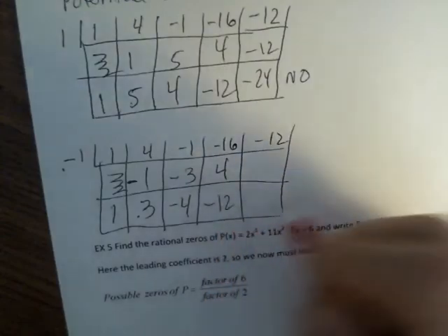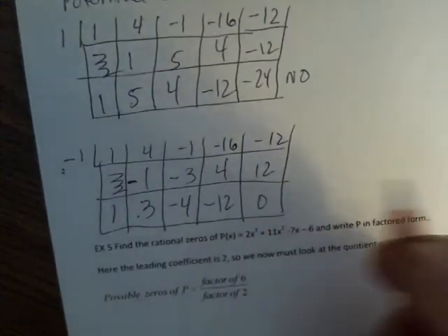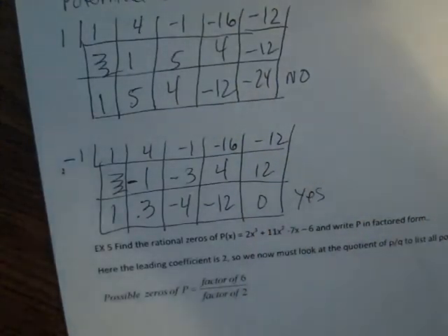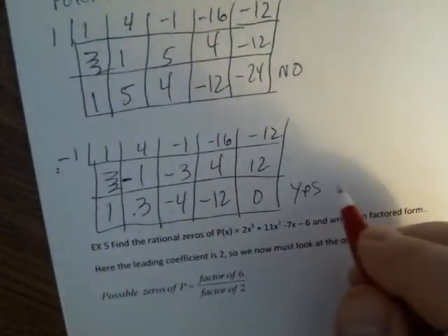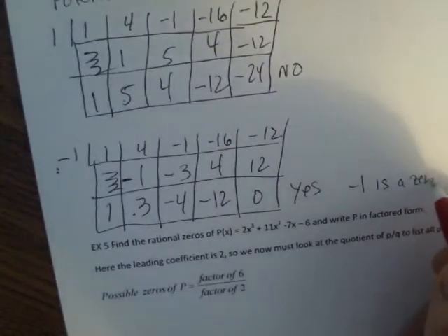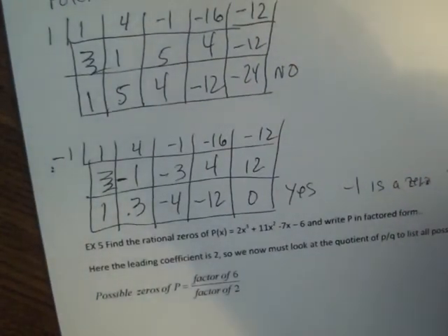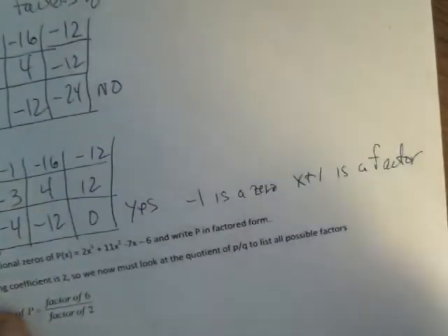Still gives me the -12, but the good thing here is when I take -1 times -12, I get +12, remainder of 0. So I get yes. -1 is a 0. X plus 1 is a factor.